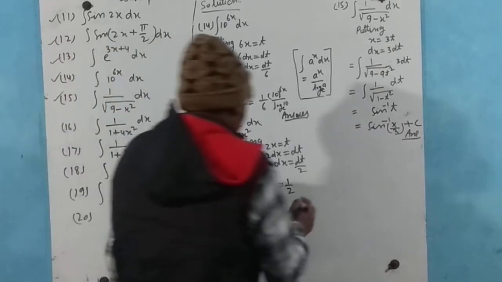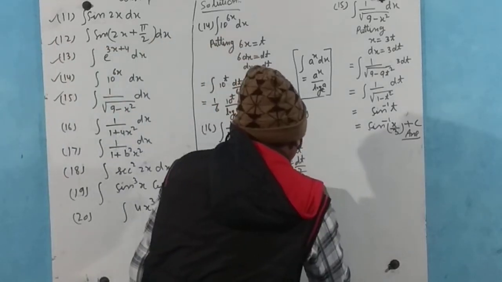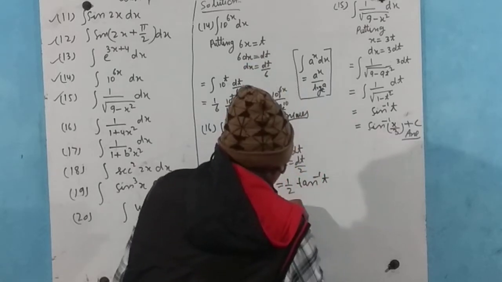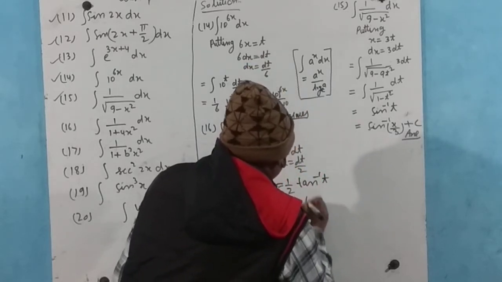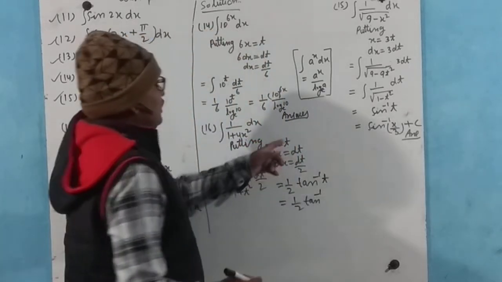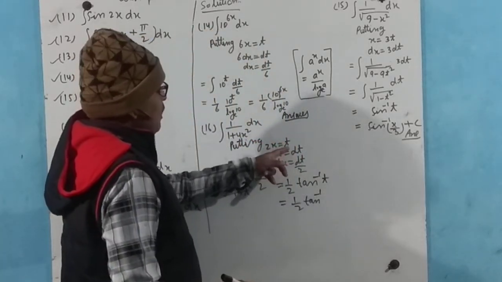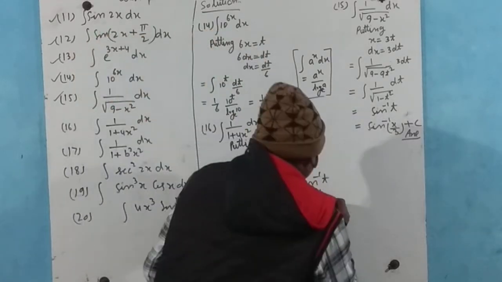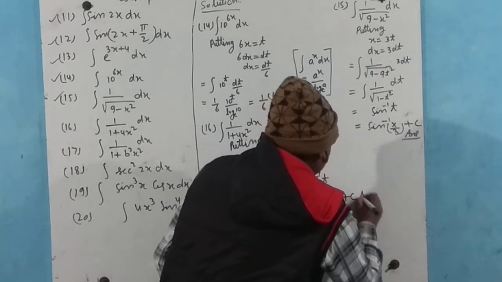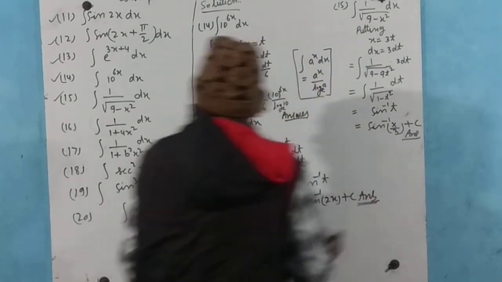Integration of this is equal to tan inverse t. Putting the value of t here, 1 by 2 tan inverse 2x plus c. This is our answer.